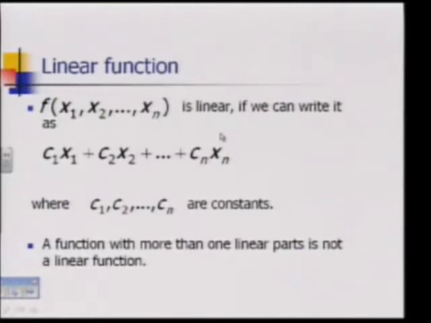In this case, you can write this in terms of vector c multiplied by vector x, like an inner product. So that's the function f, which is a linear function. And if you have a function with more than one linear part, which is really not a linear function.